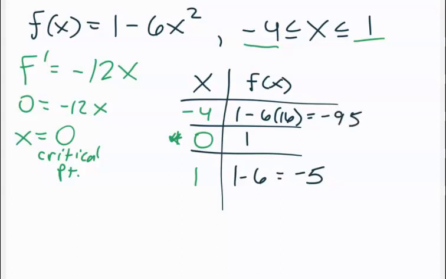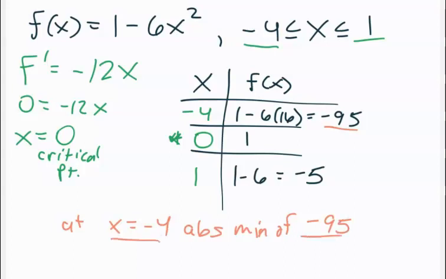All right, so they wanted absolute maximum and absolute minimum. It looks like at x equals negative 4, there's an absolute minimum. That's certainly the smallest number we got out of this, right? There's an absolute minimum of negative 95, meaning this is where it's at and this is what the output is at that point.